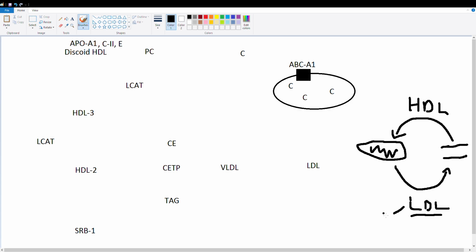This free-floating LDL will eventually become oxidized. And then your macrophage says, uh-oh, that looks foreign. I'm going to try to eat it up. So the macrophage will engulf this oxidized version of LDL using something called scavenger receptor A. And because it can't digest the oxidized LDL, it will die.